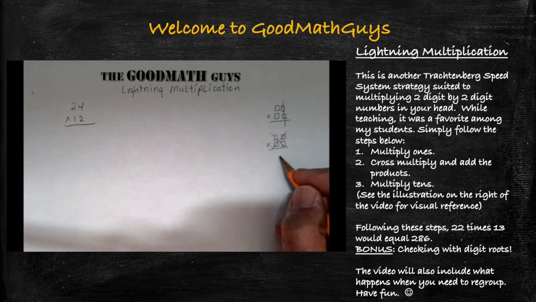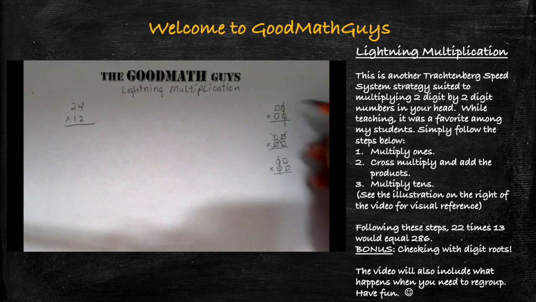The last step is to multiply tens. So multiply ones, cross multiply and add the products, multiply tens.